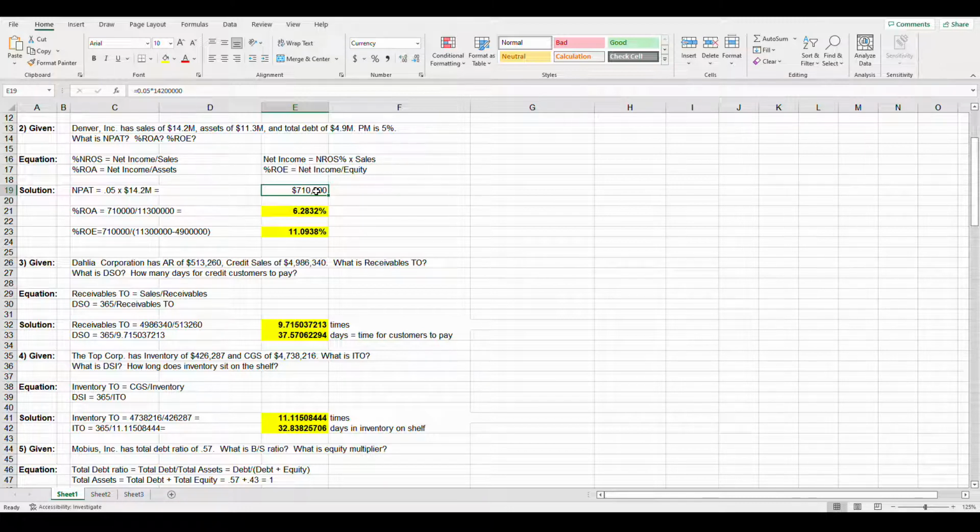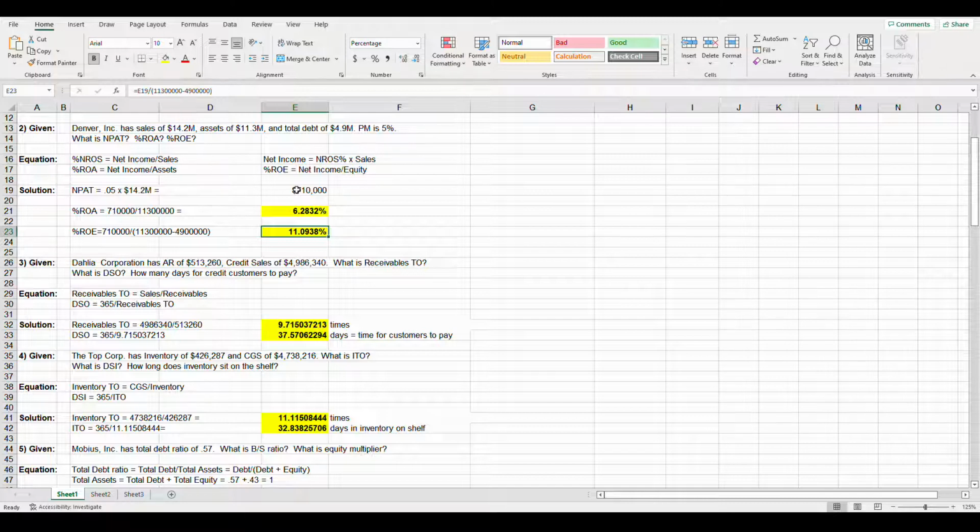To get ROA, it's net income divided by total assets. So cell E19 divided by 11.3 million, and I get 6.2832%. And then finally, return on equity: I have net income over equity, equity being my total assets minus my total debt.